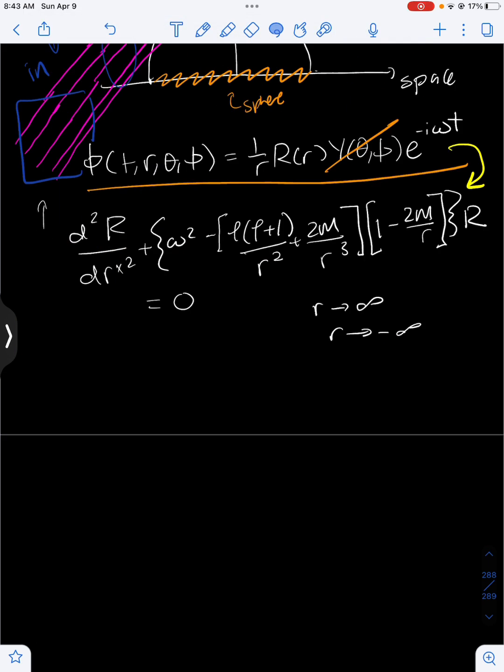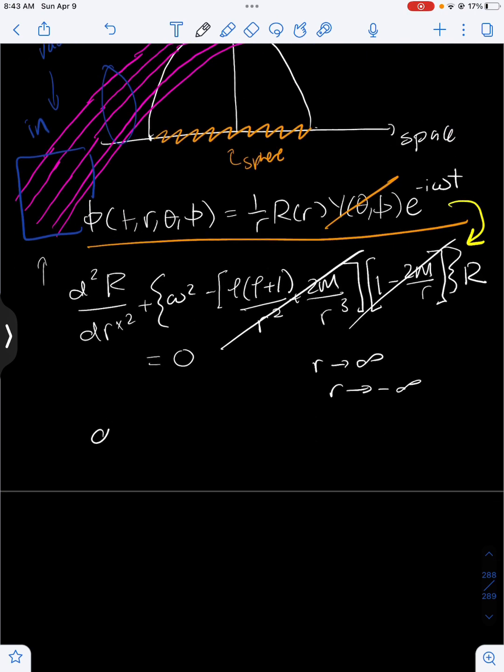So if you look at r approaches infinity or minus infinity, these terms go away because r is in the denominator, so they shrink to 0. So as a result, we are left with this equation right over here: r'' plus omega squared r equals 0.